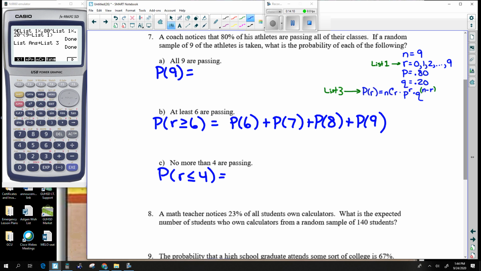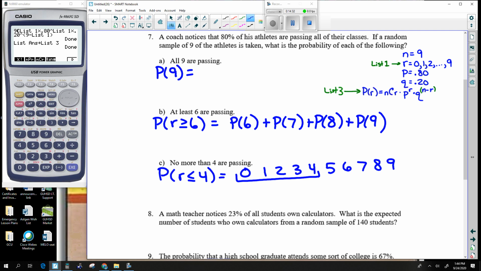So here's again where I'm going to get a little bit more clever. So no more than 4. So if all the probabilities are 0, 1, 2, 3, 4, 5, 6, 7, 8, and 9, let's take a look at stuff that we already did and what we are asked to figure out. So we're asked to figure out what is 0 to 4.